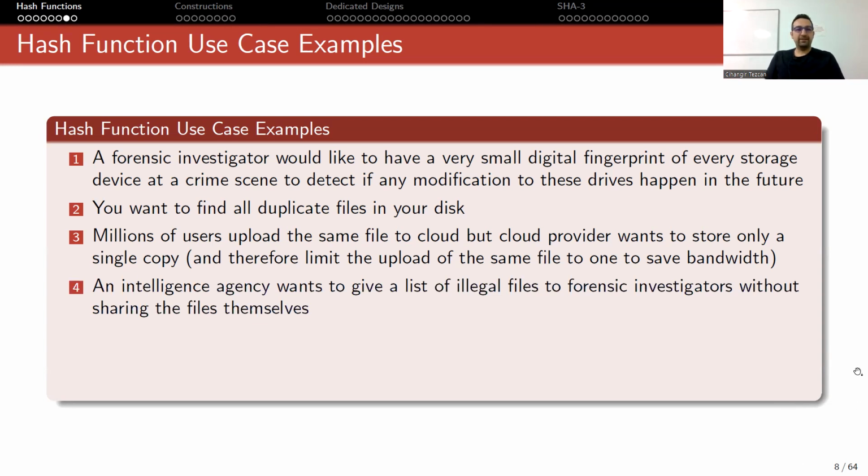Another example is that an intelligence agency wants to give a list of illegal files to forensic investigators without sharing the files themselves. So you know that there are some illegal files, and in child pornography, this is the case. Instead of sharing these files, you simply calculate the hash of them, and you give them to forensic investigators, but also to cloud service providers. For instance, Apple Drive, Google Drive, they already have a list of files, which are, in this case, illegal files, but they can also be copyrighted files.